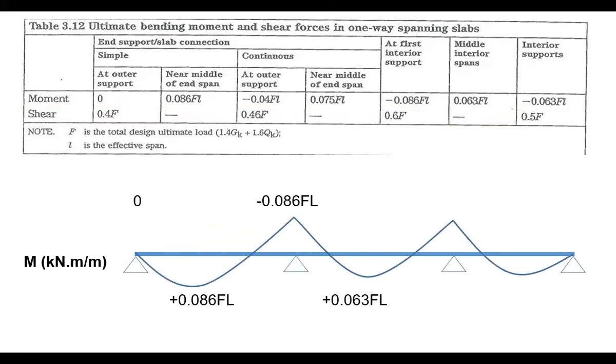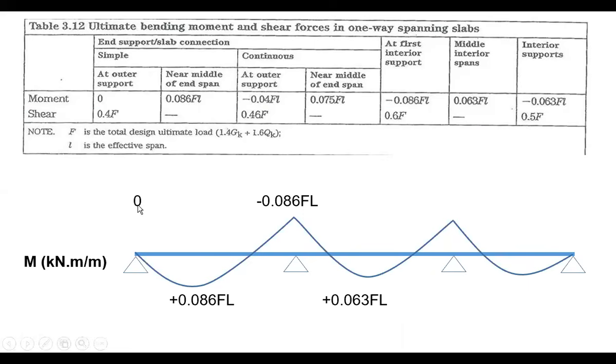What do we have here? The first row is for the bending moment. These values give you the bending moment at different points of the slab. At the first outer support here, in a case where you have a simple support at the beginning, the bending moment will be equal to 0.